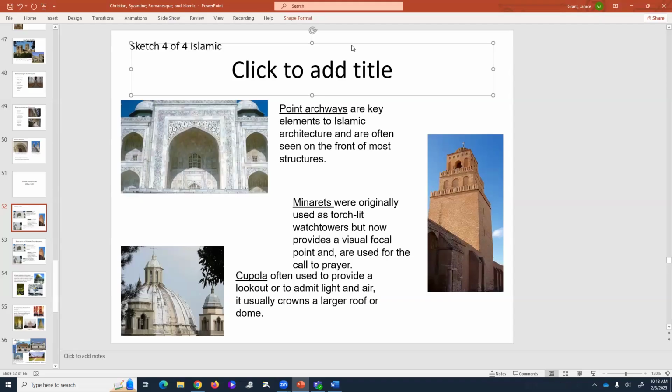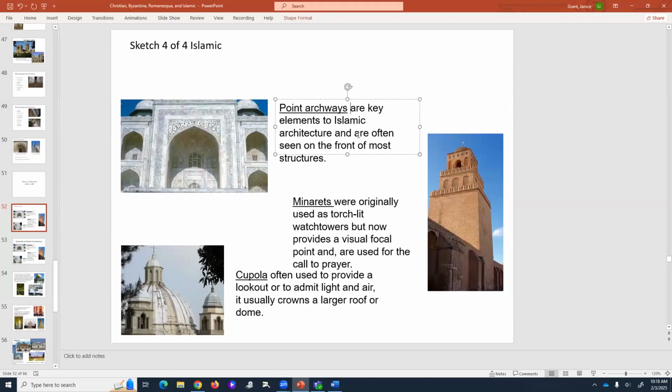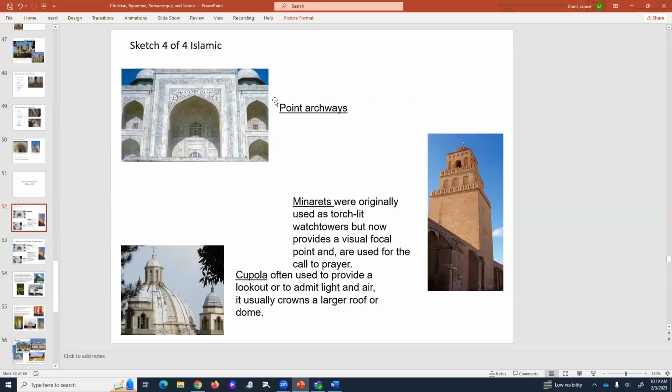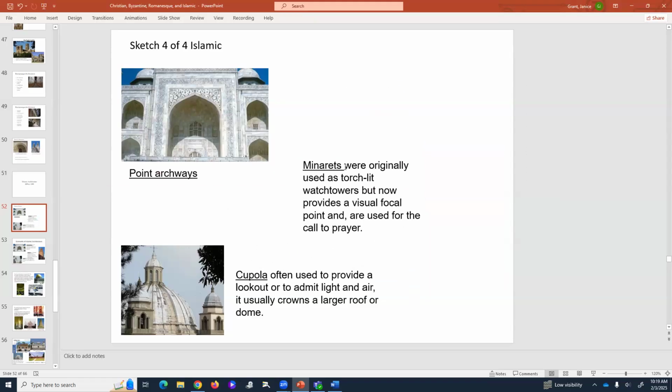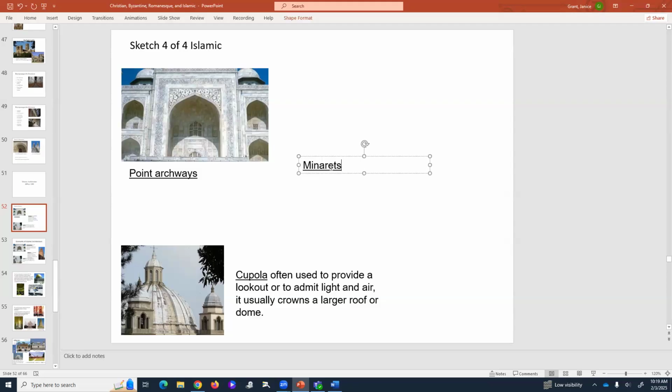We are starting with these pointed arches, which are a little bit more curved than what we would see in the Gothic. And I have a better picture of these minarets.